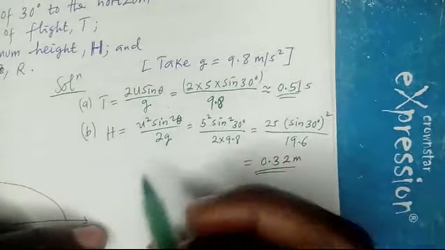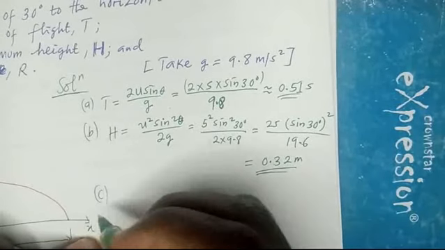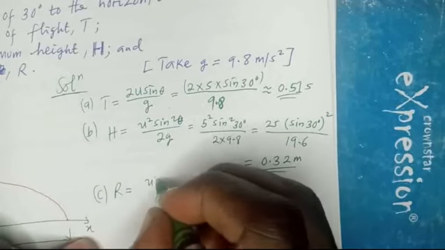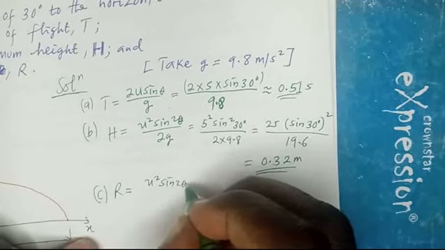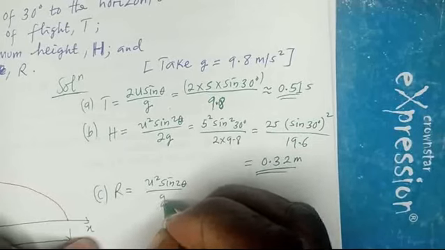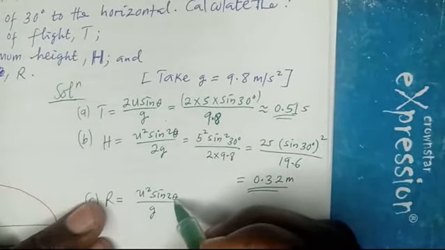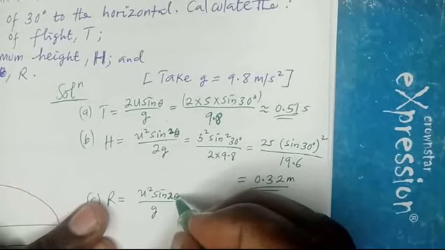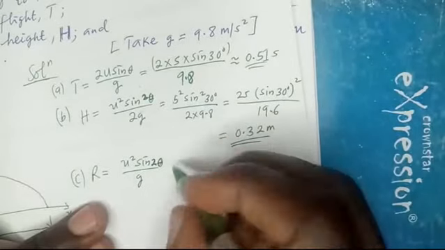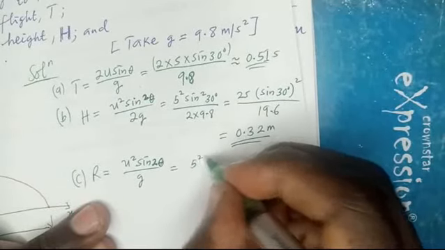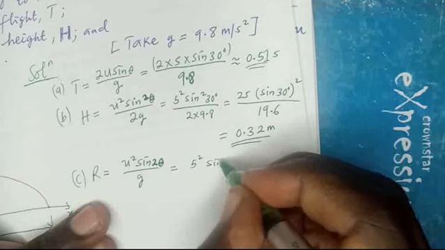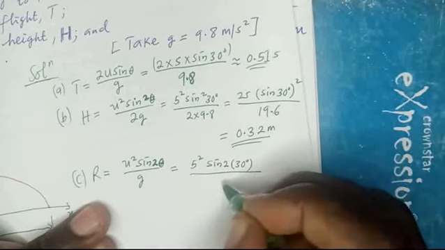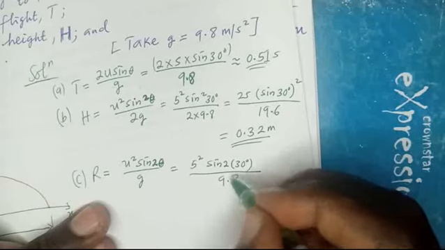Finally, we are asked to get the range, and from the formula we derived, capital R is u squared sine 2 theta divided by g. Don't forget, this is sine 2 theta and this is sine squared theta. The 2 has to be on top, and this means twice theta. So this is equal to our u, 5 squared, multiplied by sine 2 times our theta of 30 degrees, everything divided by g, and our g is 9.8.